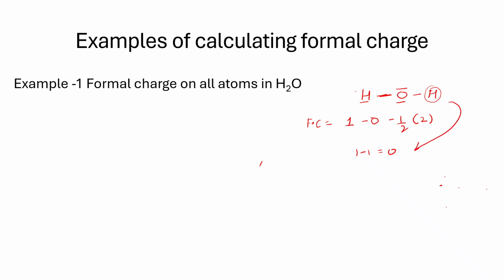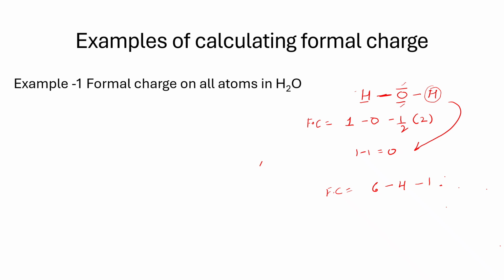Let's calculate the formal charge on oxygen now. So we know that the formal charge on oxygen shall be equal to the number of valence electrons in oxygen, which is 6, minus the number of non-bonding electrons. Now we can see that there are two lone pairs of electrons on oxygen, which means it has 4 non-bonding electrons, right?